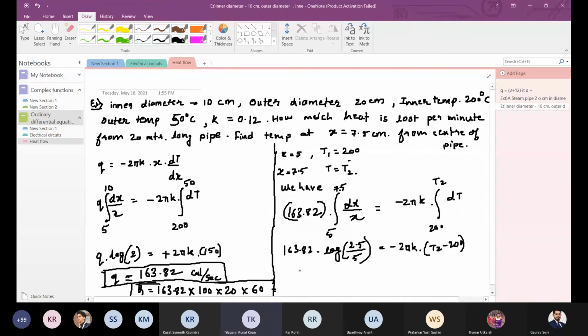So how is it? T2 is 112.34 degrees Celsius. So this is the temperature at the distance 7.5 units from the center of the pipe.